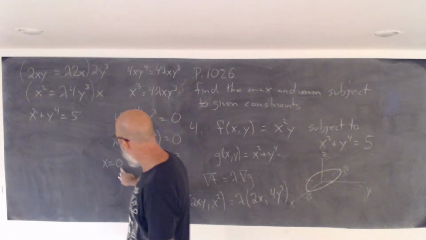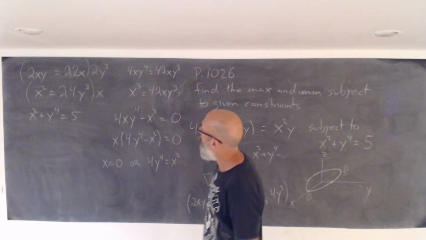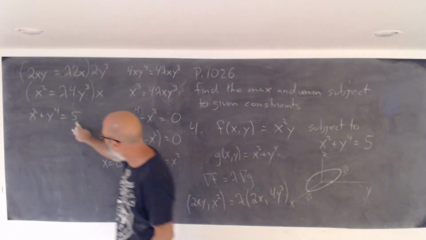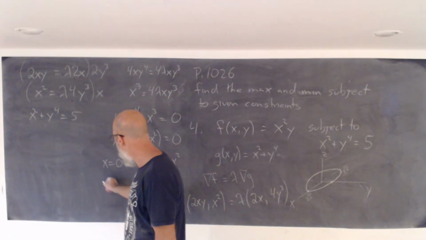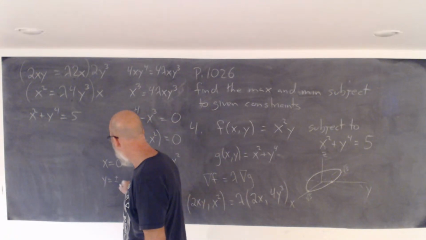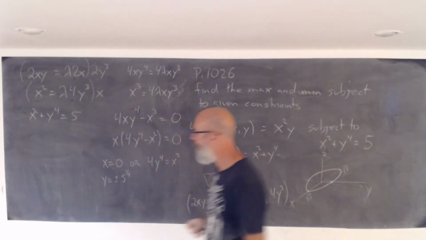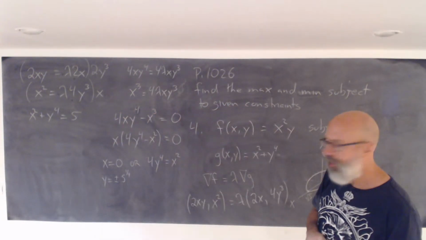And if x is equal to 0, combined with this, we see that y has to be plus or minus 5 to the 1/4. So you get 2 points here.